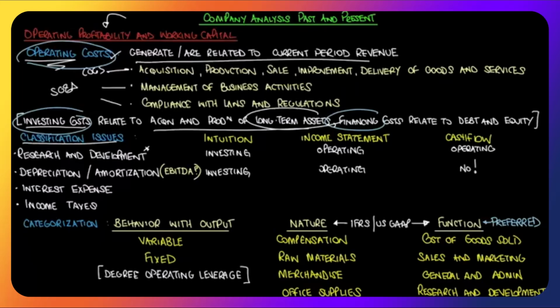Interest expense, intuition. That's to do with debt. Surely that should be financing. In the income statement, that is not an operating cost, to be fair. We don't have a separate section in the income statement that says financing, but it is below operating profit.